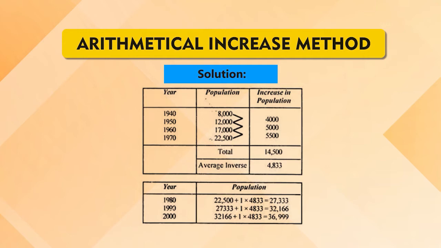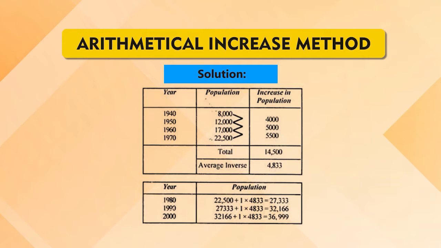In a similar way, for 1990, either we take the population of 1970 and in place of the number of decades put 2, or we can take the already calculated population of 1980. So we put the population of 1980, and in place of the number of decades we put only 1, because we have to calculate the population of 1990.